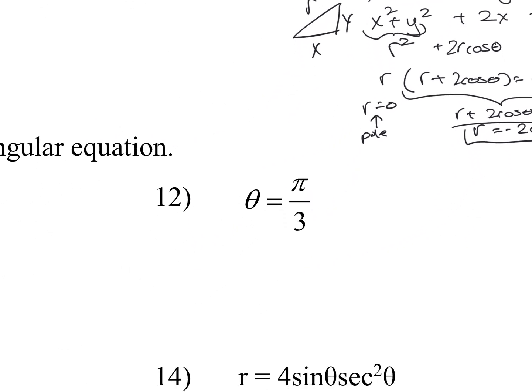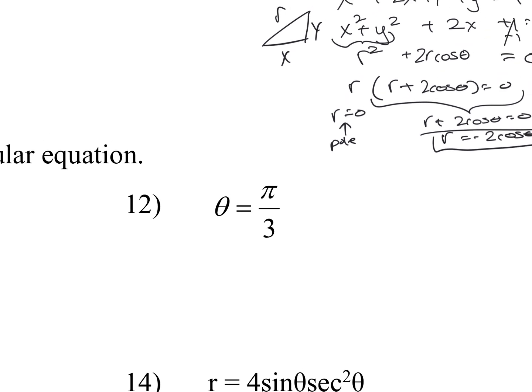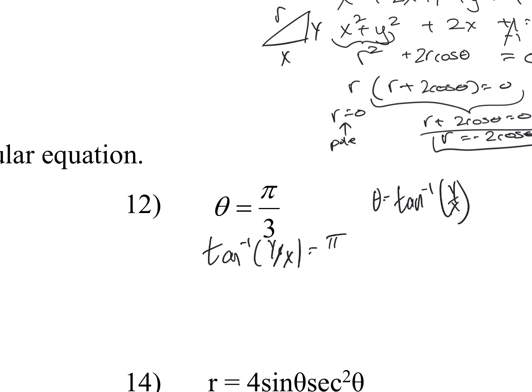Now, going back and forth, number 12 is kind of a tricky one, because for a while I had given you this equation when you're trying to find the angle. So we can actually use that. We can use tangent freely like this, and so I get tan inverse of y over x equals pi over 3.